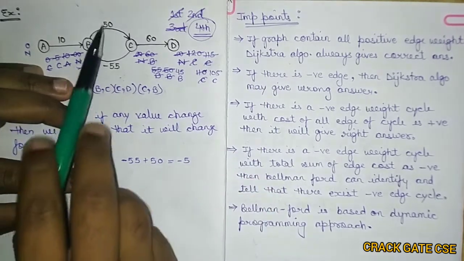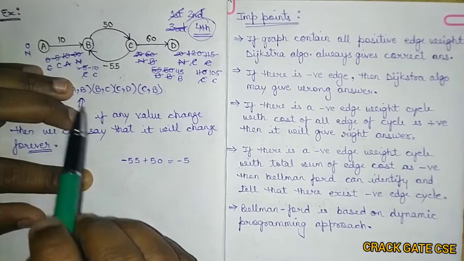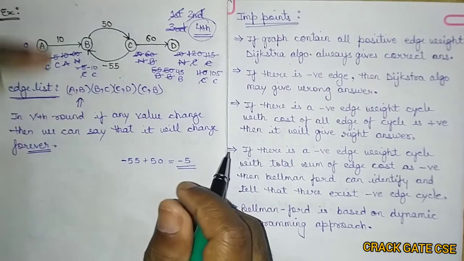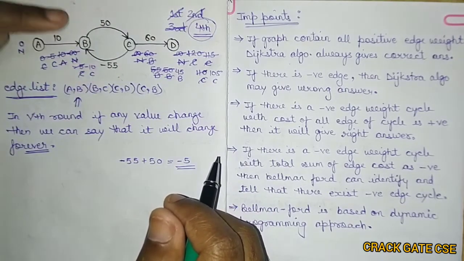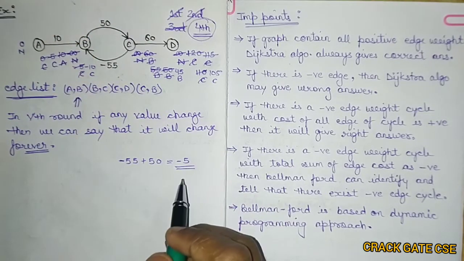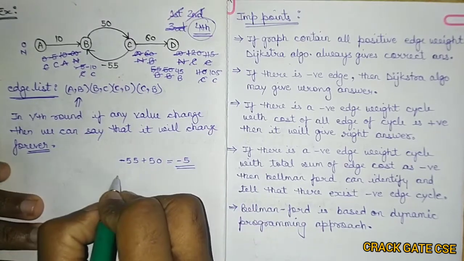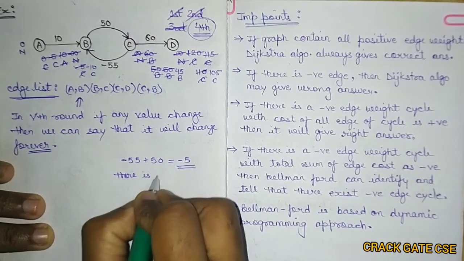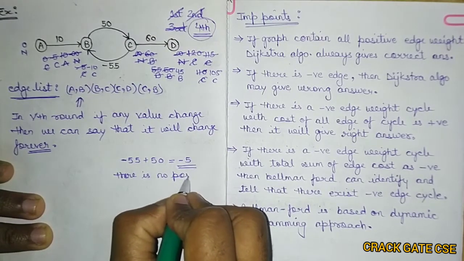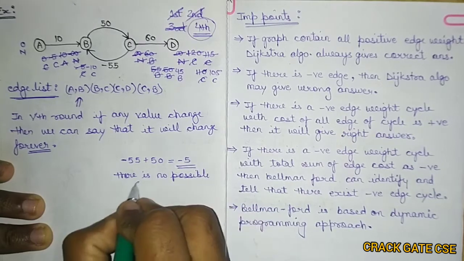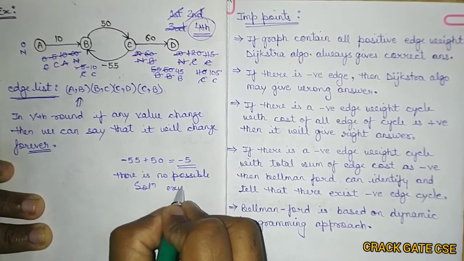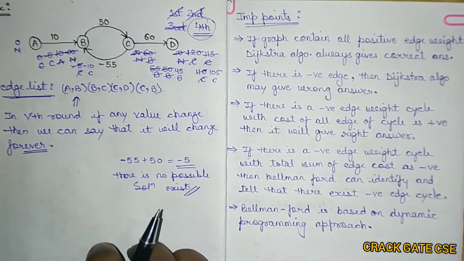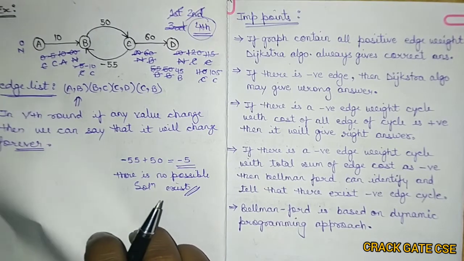So if the sum of a negative edge weight cycle is negative, here the sum of all the edge costs of this negative edge weight cycle is negative, so we can say that there is no best possible solution. This kind of problem cannot be exactly solved by the Dijkstra algorithm.